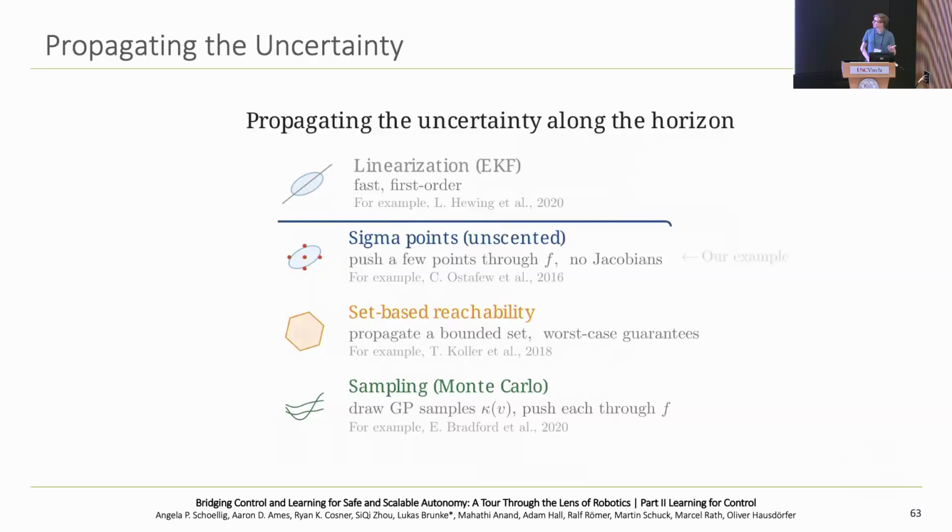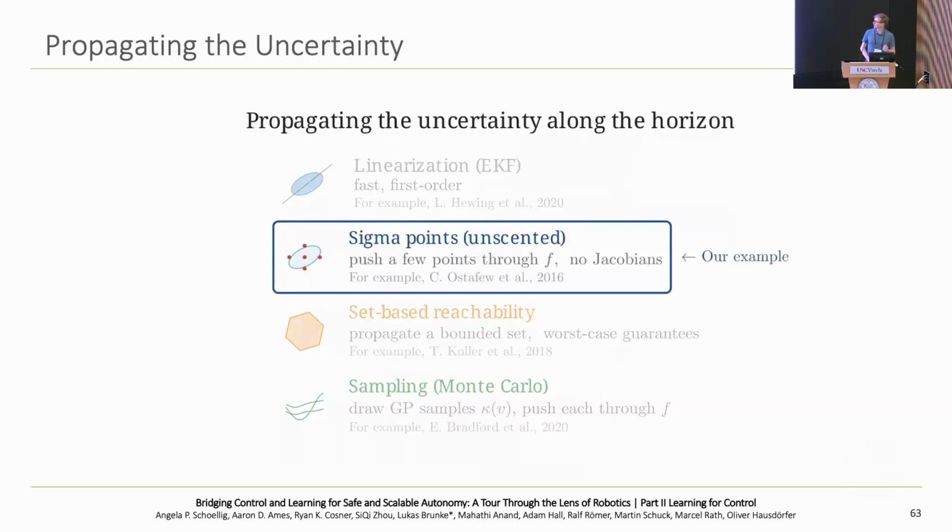If you know about unscented Kalman filtering, this is exactly the same approach. The idea for all of these methods is how can we take the uncertainty that we have, typically from a Gaussian distribution, and push it through a nonlinearity. And afterwards, it's no longer Gaussian. And so these are all the ways that you can handle such nonlinearities.